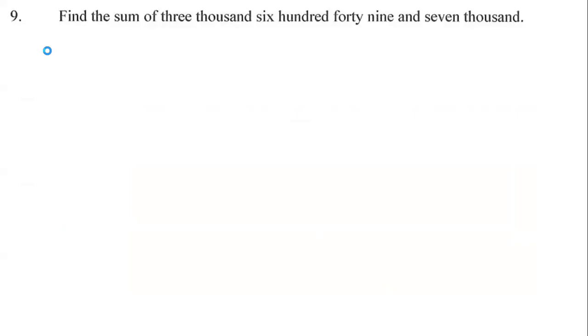Go ahead, Rashad Sinclair. Read this question, please. Find the sum of 3,649 and 7,000.